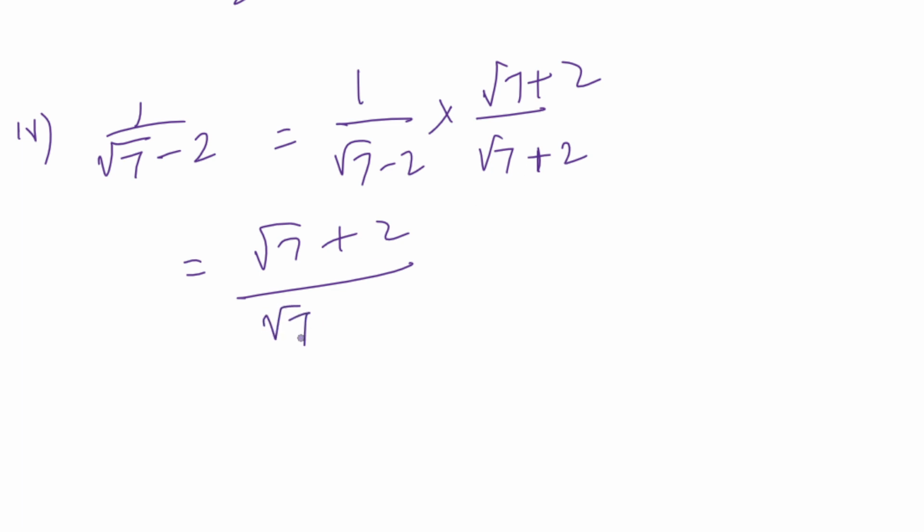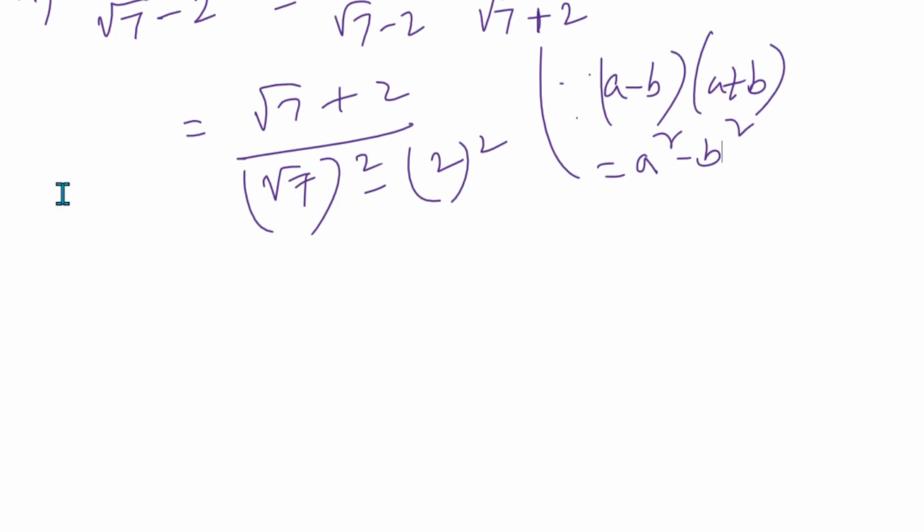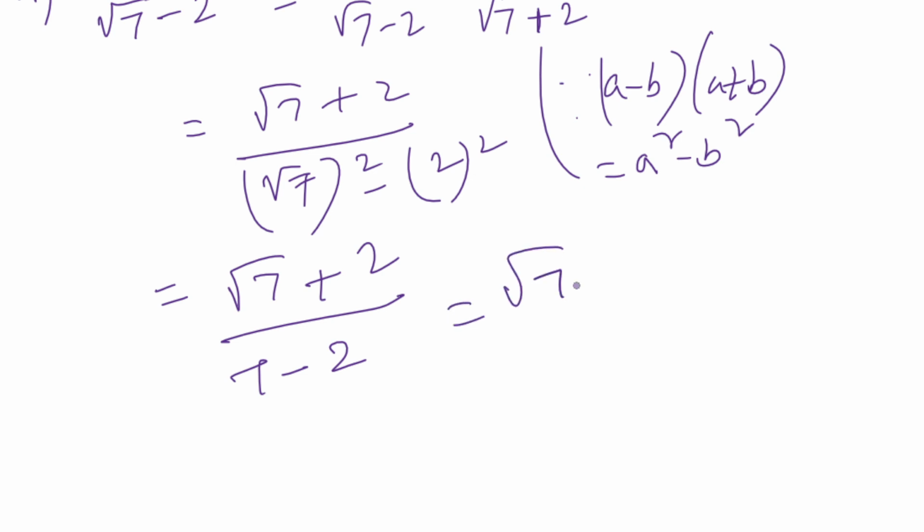So root 7 whole thing squared minus 2 whole thing squared. I'm using the formula, since you write the reason also: a minus b, a plus b equals a square minus b square. So this gives me root 7 plus 2 over 7 minus 2, and 7 minus 2 is 5. So this is my answer.